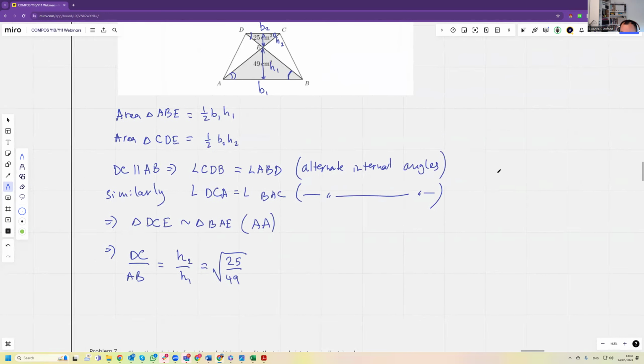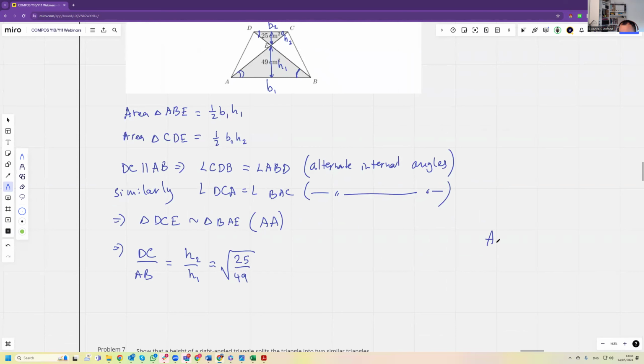Because we know that for similar triangles, or similar shapes, the ratio of the areas is k squared, where k is, let's say, base 1 divided by base 2.